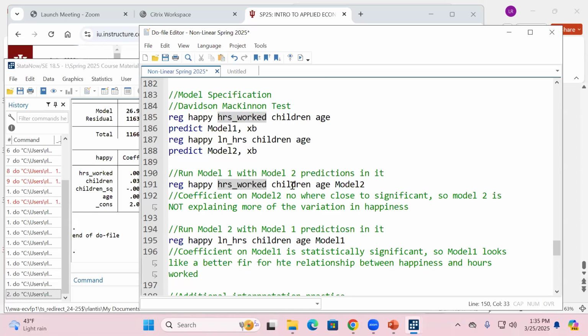So I've got happiness as some function of hours worked and a bunch of other controls. I think it was children and age here. For my second model, I've got happiness, but maybe I think I should be estimating using the natural log of hours worked, but I still have all the same controls.